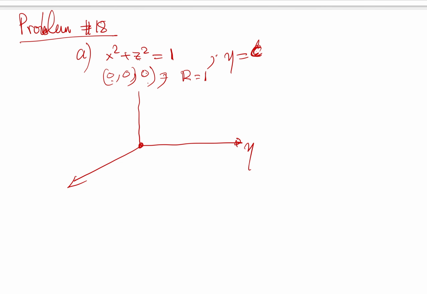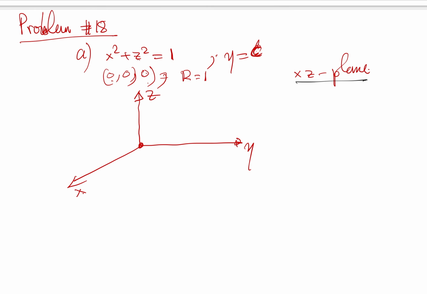And we have here y, and here you have z. And remember, on the xz plane, let me write it down in black. On the xz plane, here is x. What's the cross section?